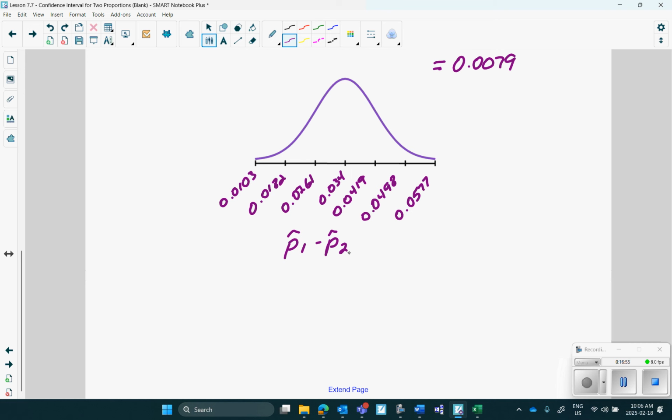We would get a group of numbers that would fall within here. Some would be down here, some would be up here. The majority would be in the middle grouping around the mean, the average of them. So these all contain P1 minus P2, if we do this over and over again.